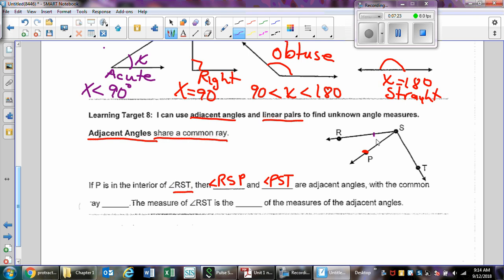So this angle and this angle here are adjacent angles. They are next to each other with a common ray, which is ST. That's the common ray.